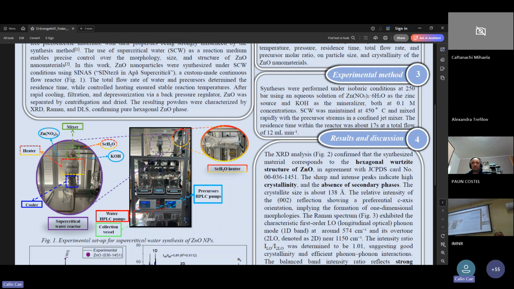This method offers several advantages, notably the ability to tune material properties such as particle size, crystallinity, and morphology by just adjusting the working parameters: temperature, pressure, flow rate, precursor molar ratio, and residence time.